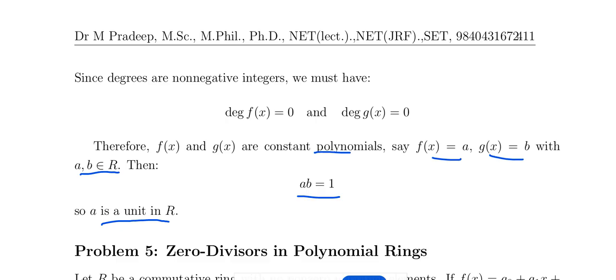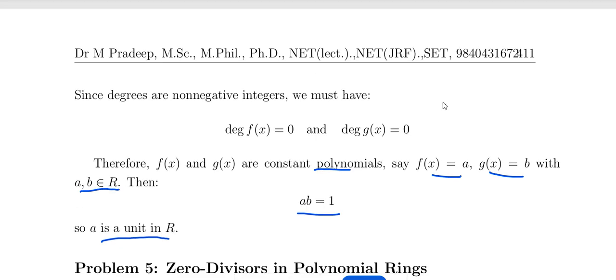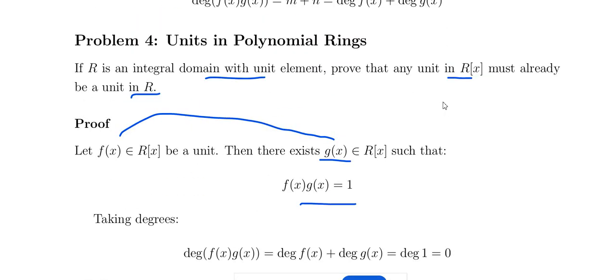So that means if f(x) in R[x] is a unit, it must already be a unit in R. In the case of R being an integral domain with unit element, any unit in R[x] must already be a unit in R.